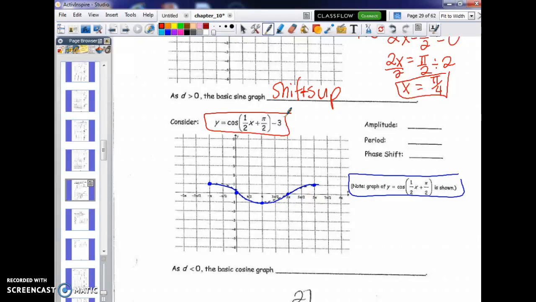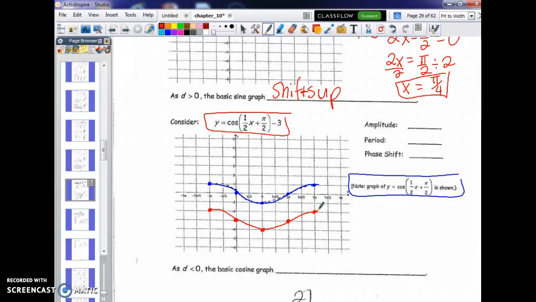I'm going to sketch this up here so you guys can see that. So in red, I have now graphed y equals the cosine of 1/2 x plus pi over 2 minus 3.